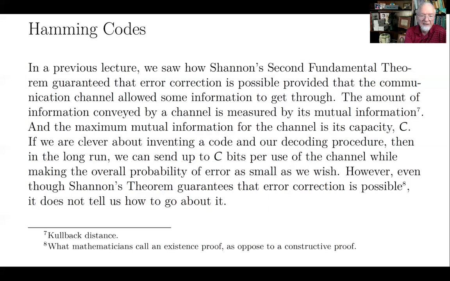This is the maximum rate at which the code's bits per second may go through the channel. If you're clever about inventing a code and our decoding procedure, we can send up to C bits per use of the channel while making the overall probability of error as small as we wish.